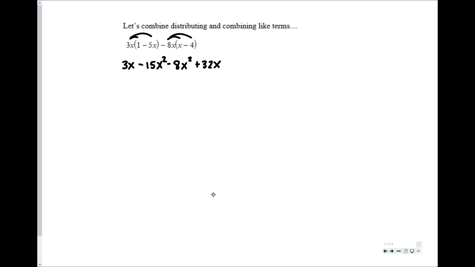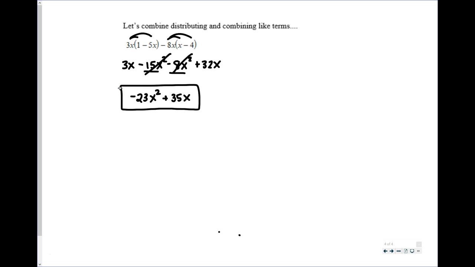I'm just bringing it back up so we can practice using exponent rules. So these two are like terms, so I end up getting negative 23x squared, and then 32x and 3x give me plus 35x.